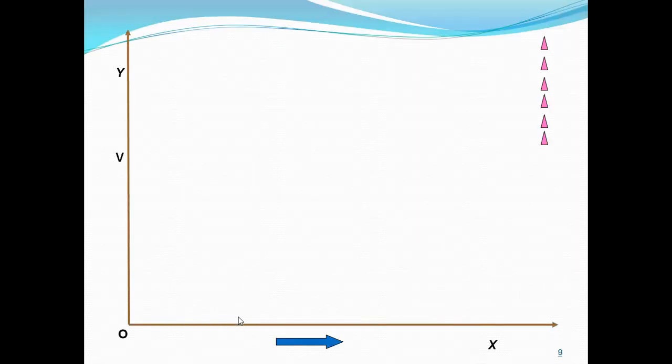So how can we draw the circle diagram? First you have to draw the x-axis and y-axis, that is the voltage axis. Then you have to calculate the no load current I naught and power factor phi naught. The no load current I naught is equal to vector OA at an angle of phi naught.